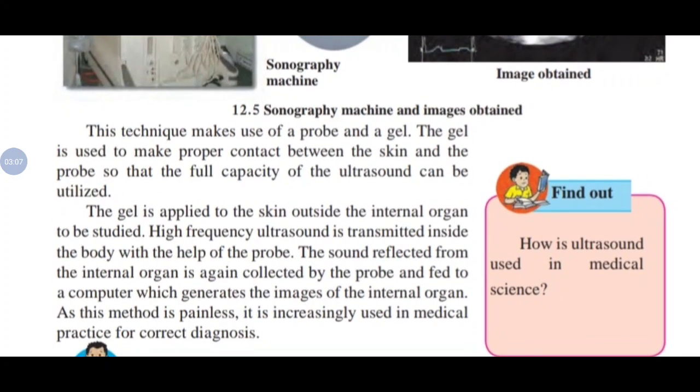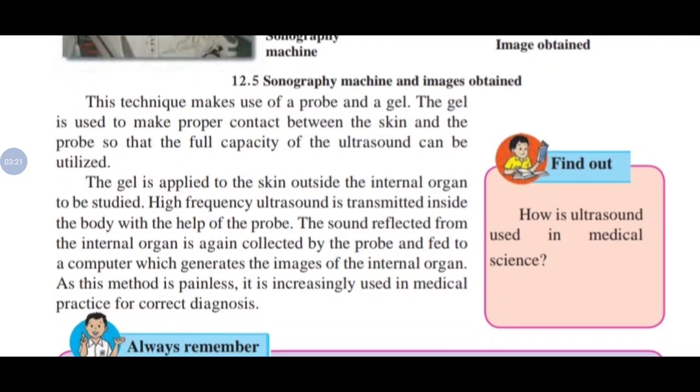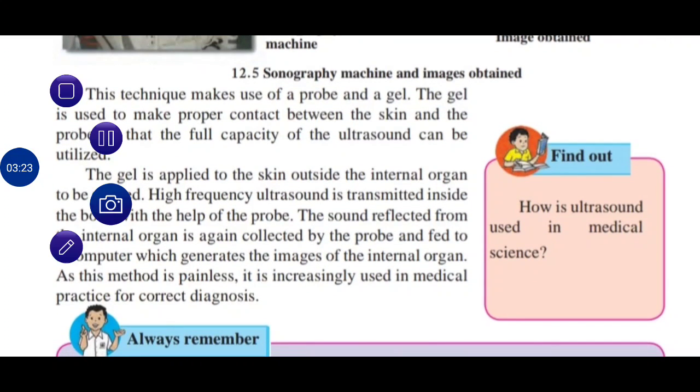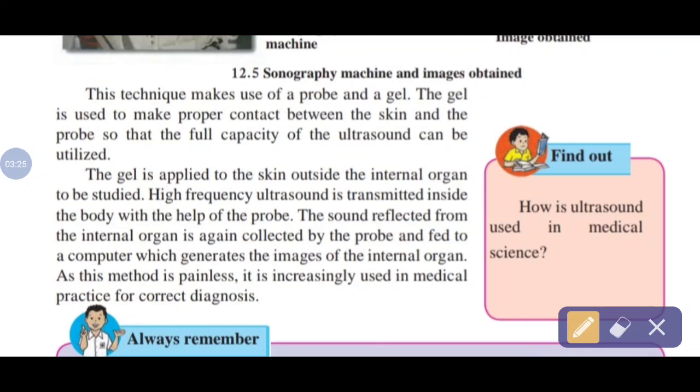The question asked here: explain the sonography technique. It is a 2 or 3 mark question. Now see what points are given. First point, this technique makes use of a probe and a gel.